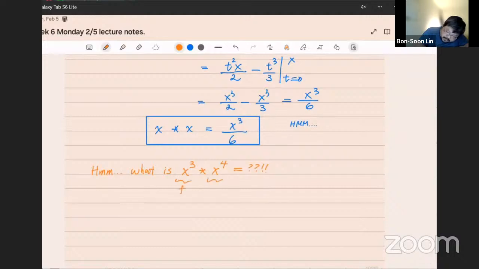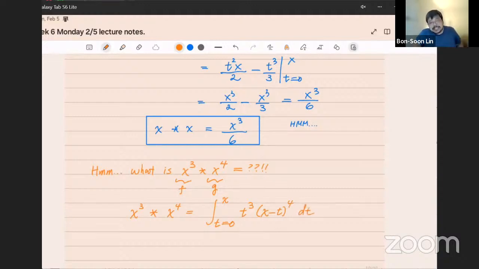By definition, x cubed star x to the 4th is equal to the integral for t from 0 to x of t cubed times x minus t to the 4th dt. Ugh. It's not impossible. It's just annoying.